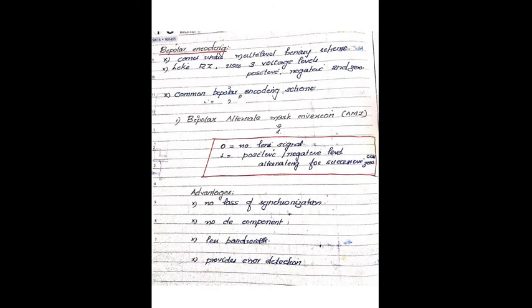In bipolar AMI, 0 is indicated by no line signal, that means it can be considered as the axis, and 1 is a positive or negative level, alternating for the successive ones.